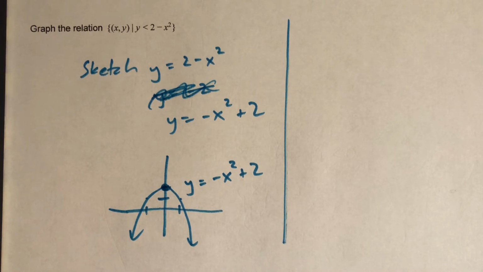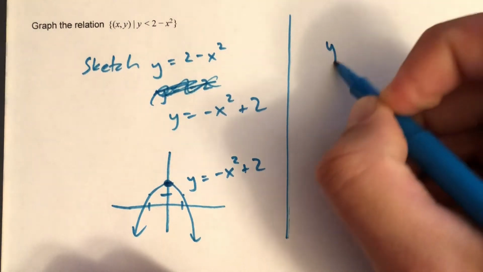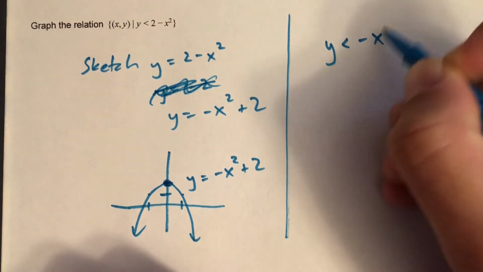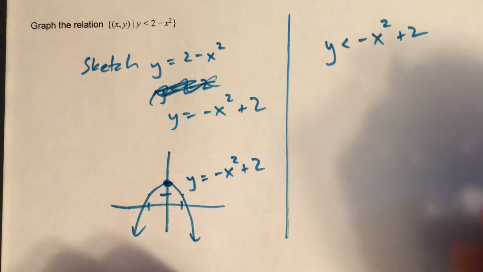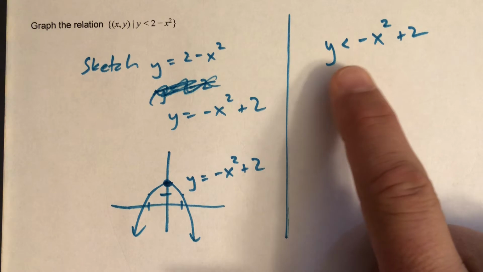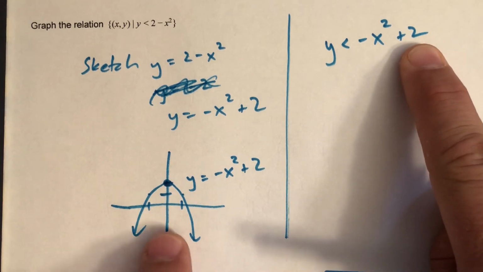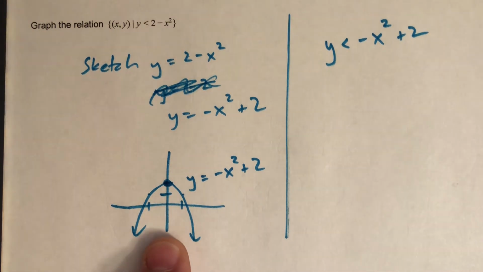It means below, right? I now want my y values to be below this number. Here's where they're equal. On the graph, we would want it to be below.